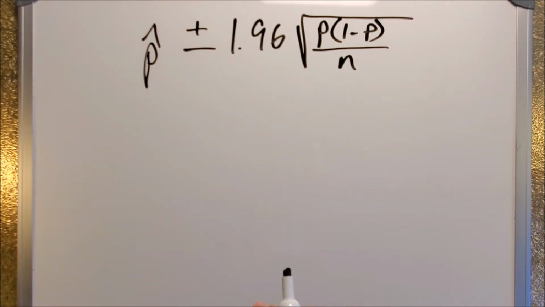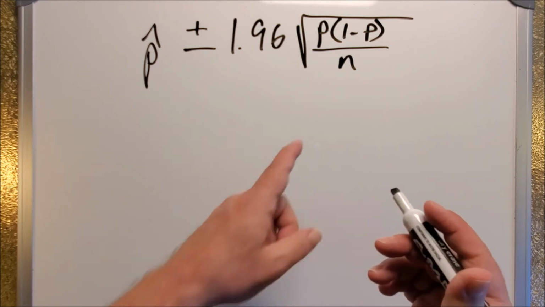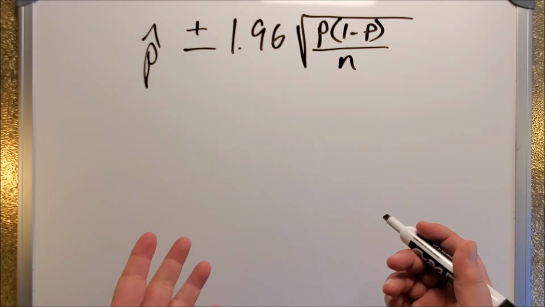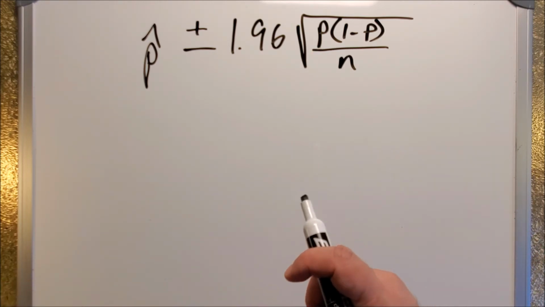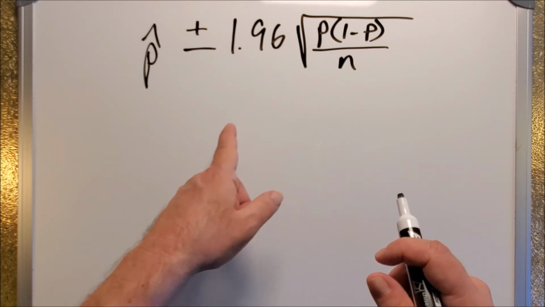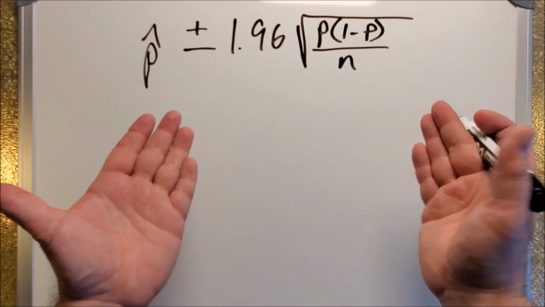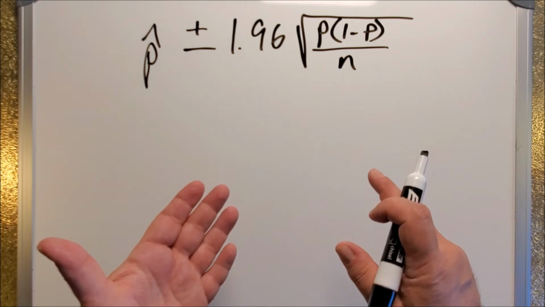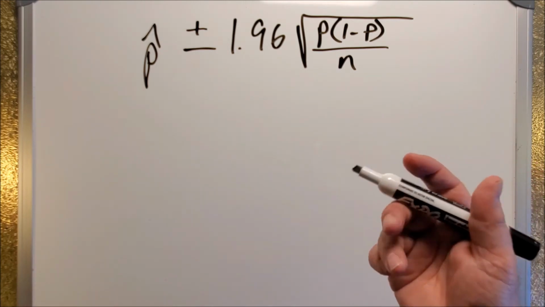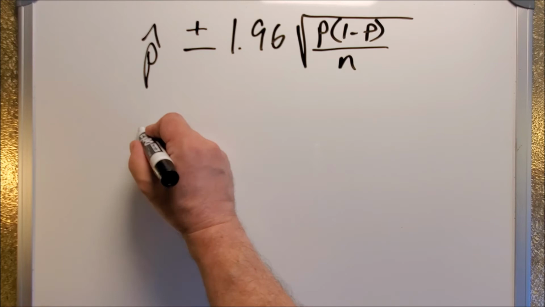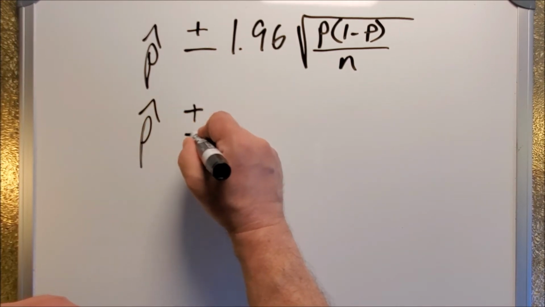What's wrong with this? Well, for one thing, we don't know what population p is, so how are you going to calculate this formula, which is supposed to be a confidence interval for population p, without knowing what it is? So here's what's generally really done.